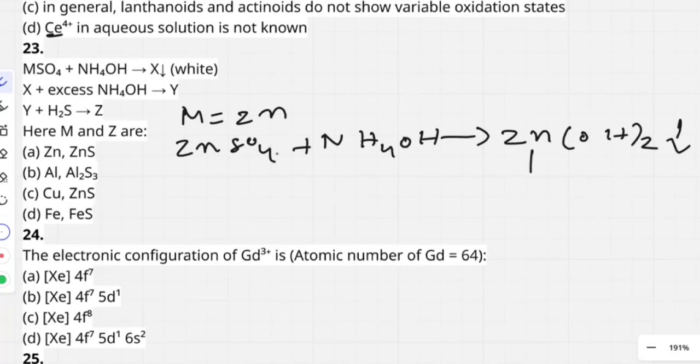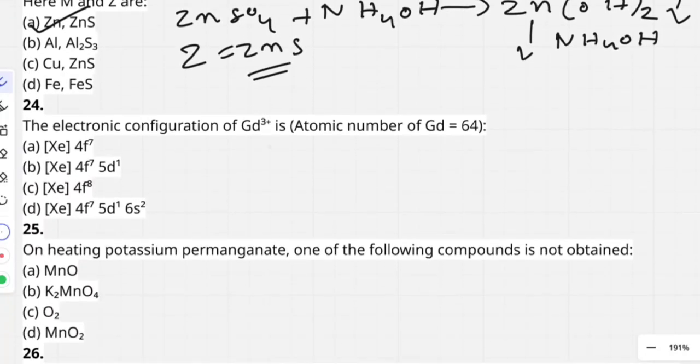This zinc hydroxide on treating with excess NH4OH gives Y. Then this Y on treating with H2S gives Z, which is zinc sulfide. See here, option A is correct. Next, I move to question number 24.